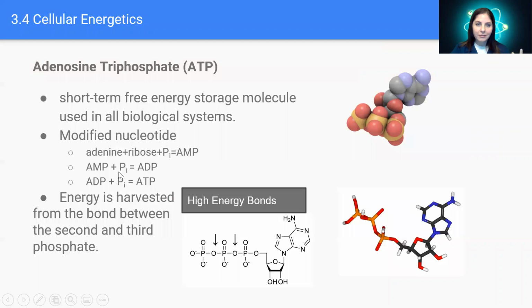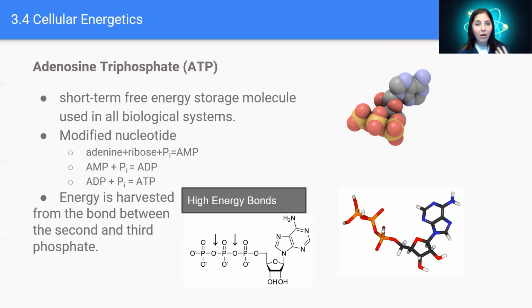We add one phosphate, and we get ADP, or adenosine diphosphate, di, meaning that it now has 2 phosphates. If we phosphorylate that again, meaning we add another phosphate, then we get good old ATP, our energy molecule, adenosine triphosphate, meaning it has 3 phosphates.